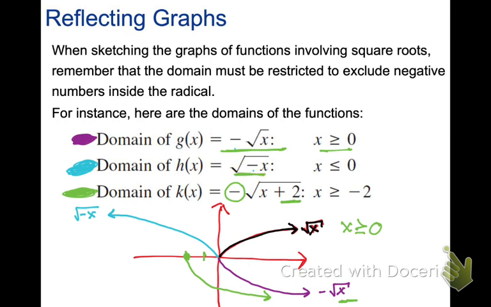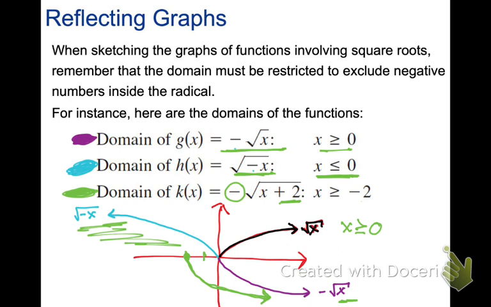When it's reflected over the y-axis, now we're not greater than 0, we are what? Less than 0, because we're everything to the left over here. And then this one's going to reflect over and then move left. So instead of 0, it is now what? Negative 2. Do you see how those things change the domain?